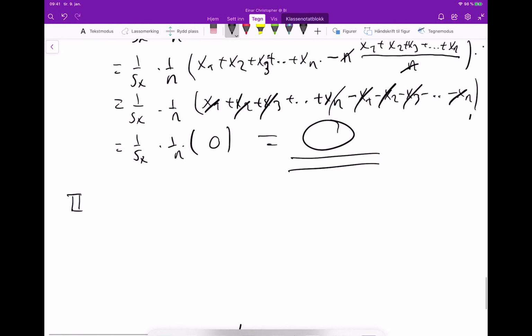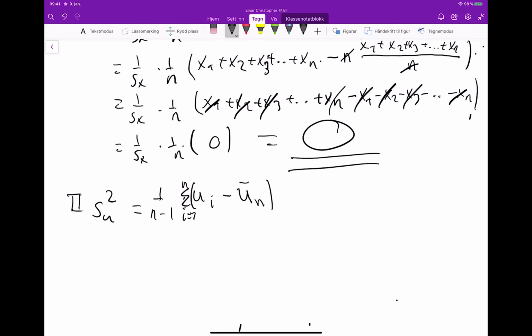Since we are going to find the empirical variance of the u's, we have to use the formula for the empirical variance. The formula is 1 divided by n minus 1 times the sum i equal 1 to n, parenthesis, ui minus u bar n in the power of 2.